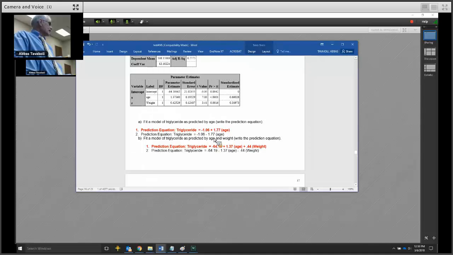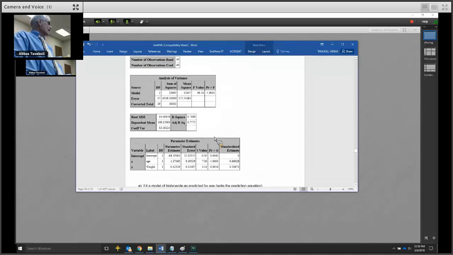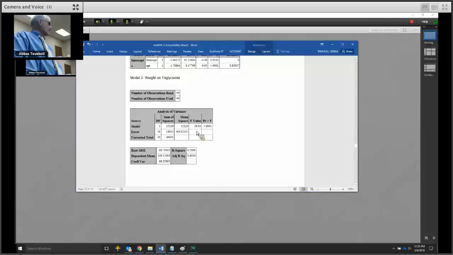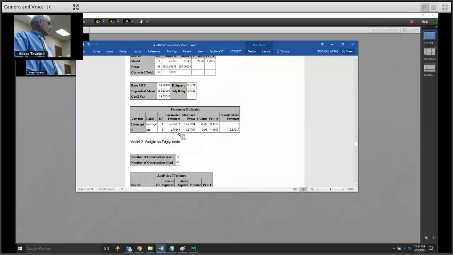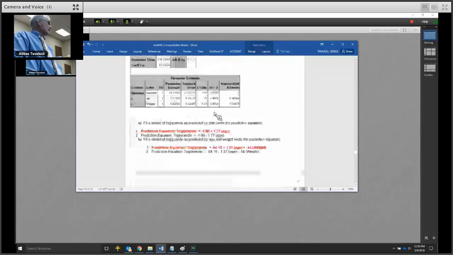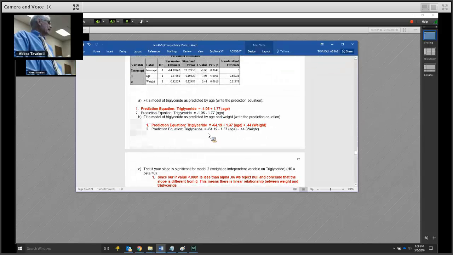You have the intercept, which is negative 0.06, plus 1.76 times age. That is the correct answer. Then for the second model, negative 64 plus 1.37 age plus 0.44 weight. So that would be for your multiple regression.